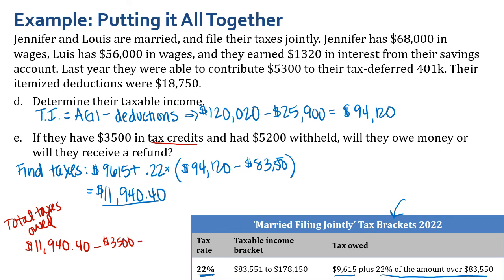And then we're also going to subtract what they've already paid in taxes, which is $5,200, because they had that much withheld from their paychecks. So in total, at the end of the year when they file their taxes, they're going to owe $3,240.40. So they are going to have to make a payment of $3,240.40, but that's a lot less than $11,940.